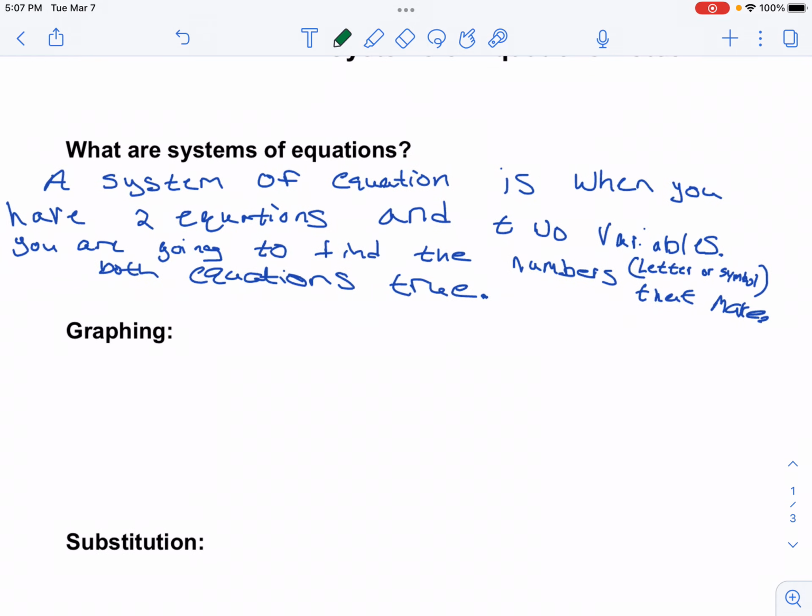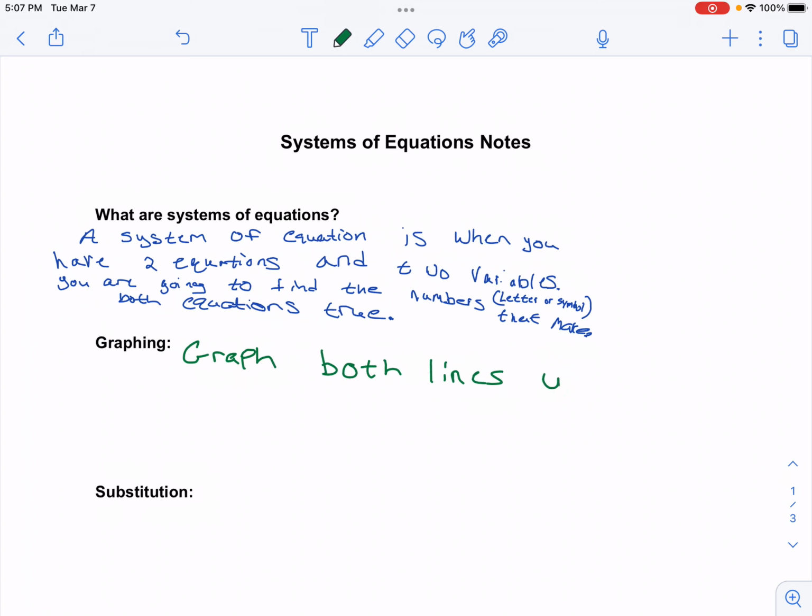For systems of equations by graphing, what are we going to do? We are going to graph both lines using slope-intercept form. And I hope that somebody remembers after this long break what slope-intercept form is. Slope-intercept form is our favorite, y equals mx plus b.